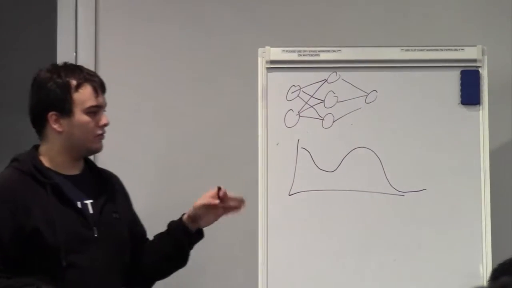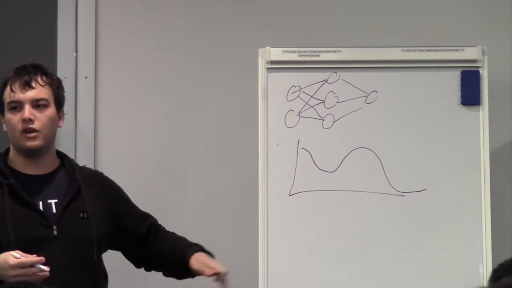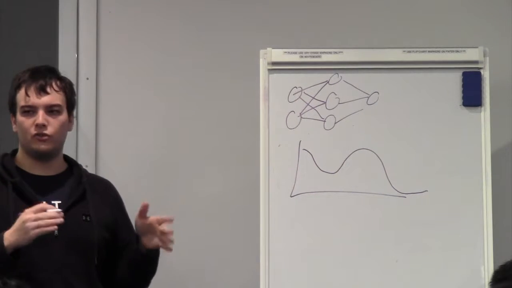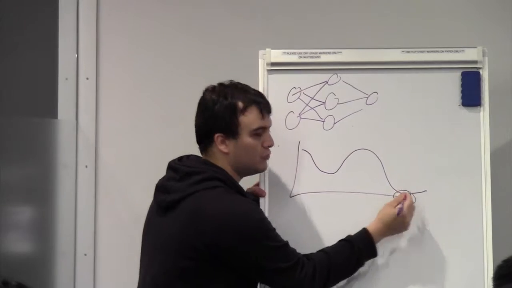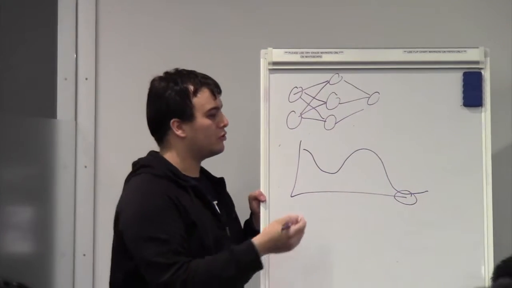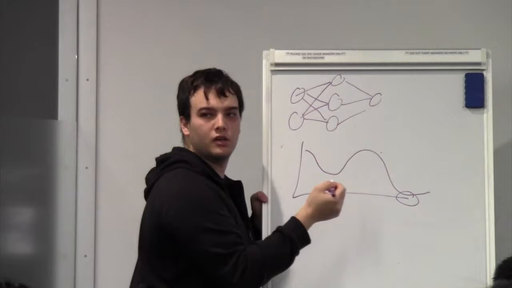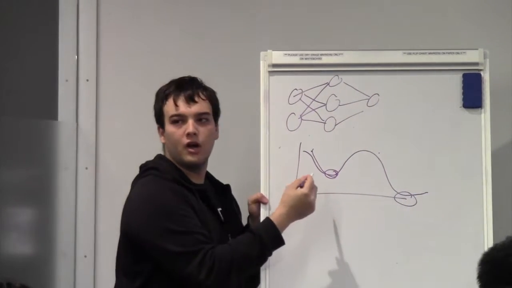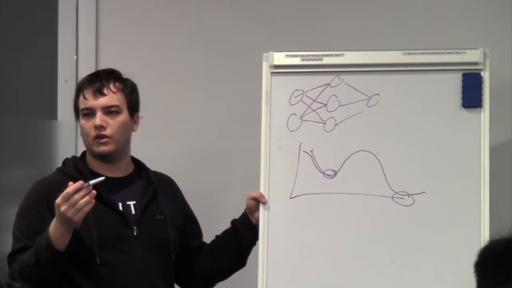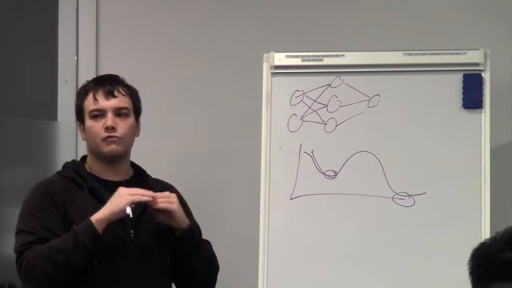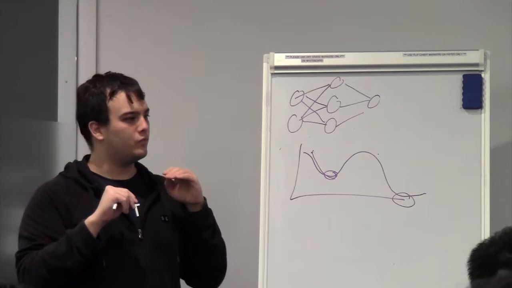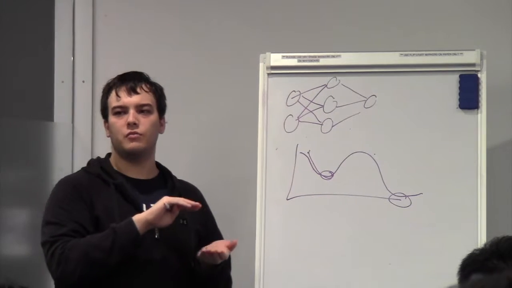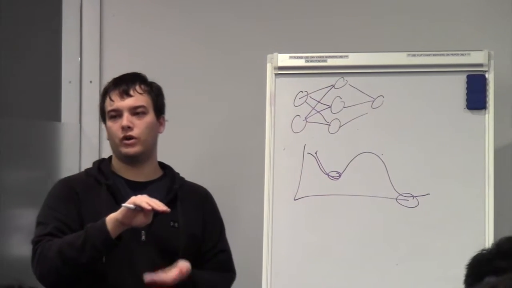Let's say the function we're trying to find looks a little bit like this. Everything we're trying to do is find this global minimum. Sometimes you might start right here, sometimes right here. Then we try to find the gradients, the difference between where we want to be versus where we are.